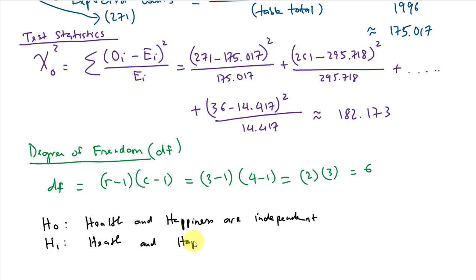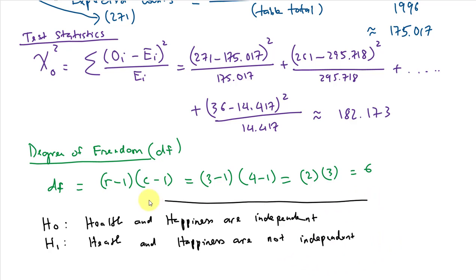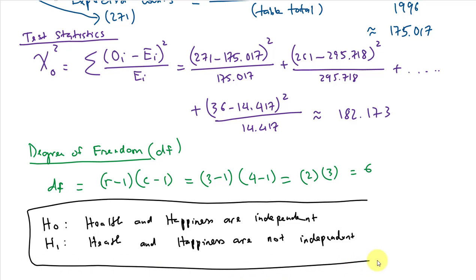Health and happiness are not independent. That means they are dependent, right? Not independent means dependent. So this is the null hypothesis and the alternative hypothesis.